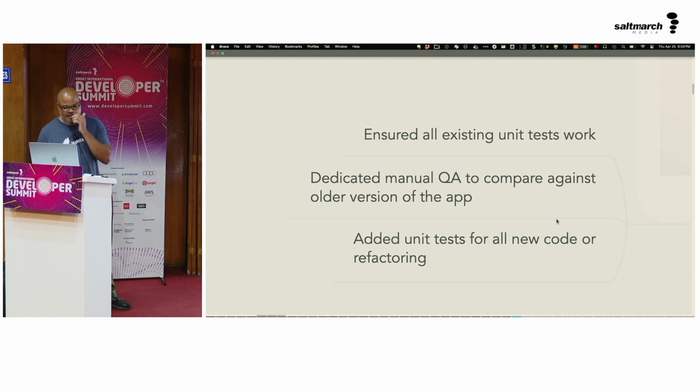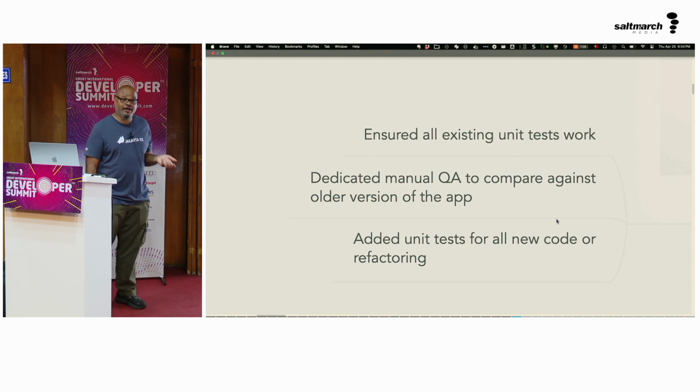But one of the things we did was say that if you're doing any serious refactoring or writing any new code, you add a test. So at least we could have some confidence that the changes would work. We increased the test coverage, but our goal was just to make sure that we didn't break anything, and that anything new that we wrote still worked.